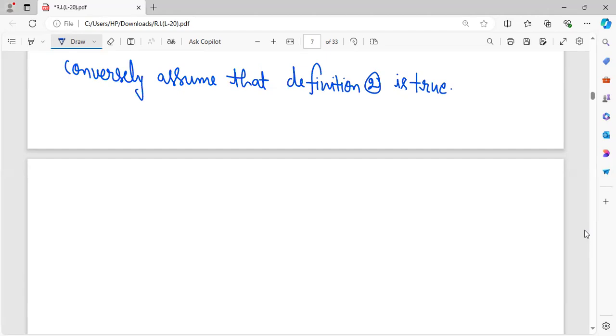For definition 1, we first have to show two things: that f is bounded and that the lower integral is equal to the upper integral. First of all, we are going to show that f is bounded on the closed interval [a, b].